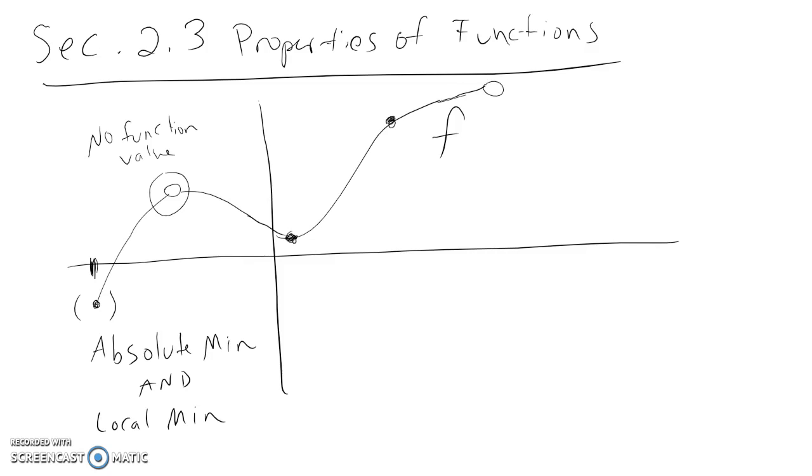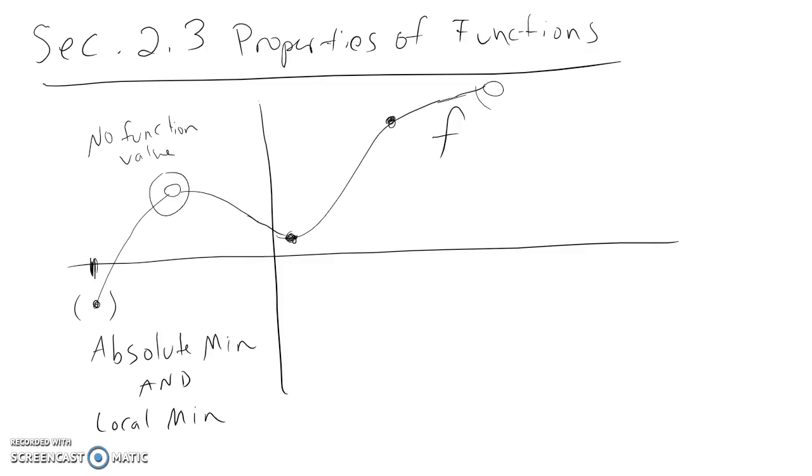So right here, we cannot call this a local max, even though you might think it looks like one, because f is lower in all of that. The values of f are lower at all x's around that, but there's actually no value at that certain point. So if it's not a function value, it can't be any kind of maximum or minimum value.